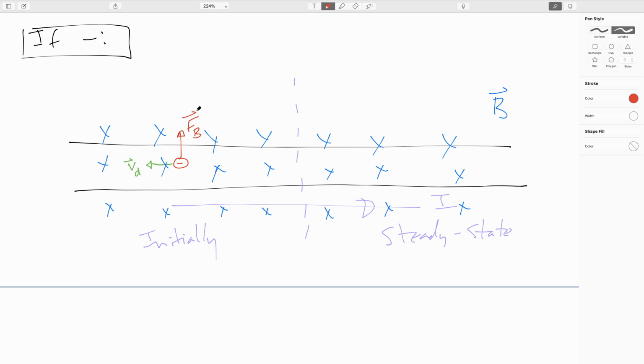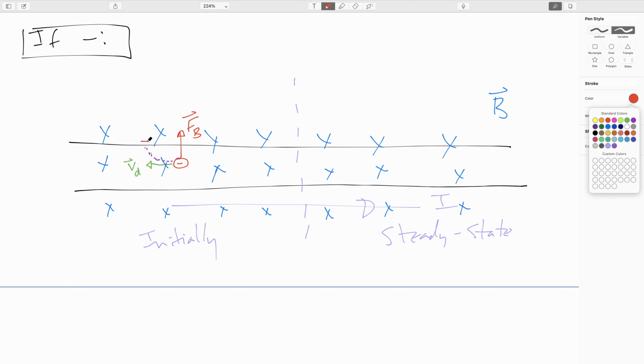Remember, because the particle is negatively charged, you flip your index finger to point against the direction of motion because negative times left is right. Again, as a result of this force, these particles are going to curve up, then they're going to crash here, and then they don't know where to go.